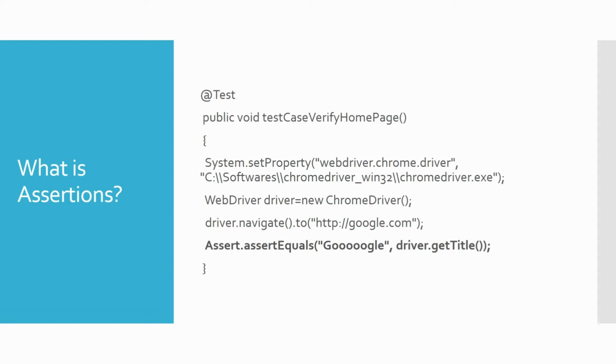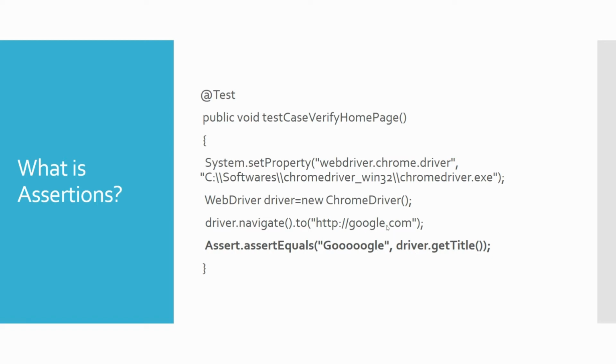Let us see the test case mentioned here. In this, we have added Assert.assertEquals, where we are launching google.com and comparing the title with this string. In this case, the test case will fail, because the expected value will be this Google and the actual value will be this spelling.